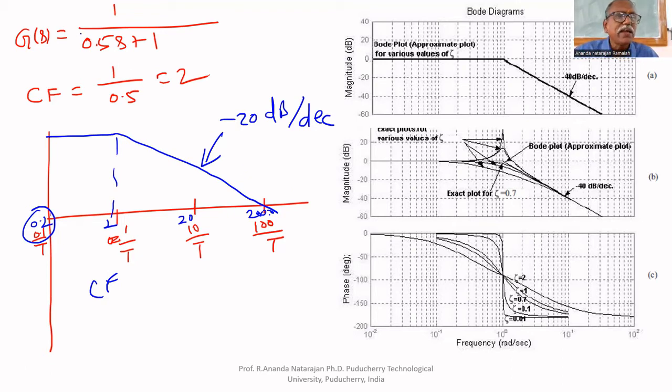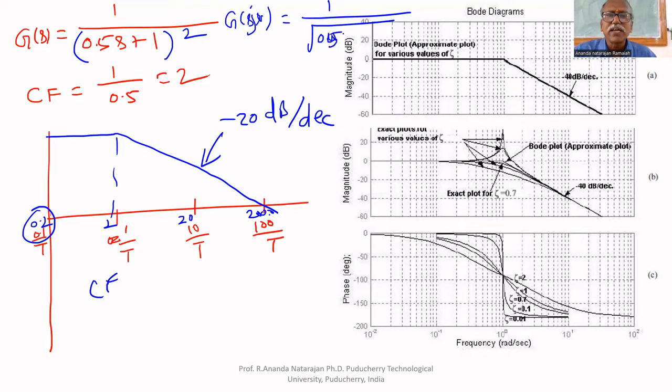Suppose I have 0.5s plus 1 whole square. Then what will you get? G of j omega equal to 1 by the square root of 0.5 j omega plus 1, whole square.